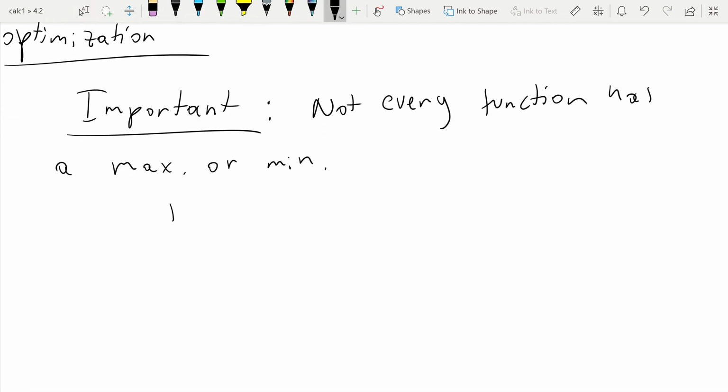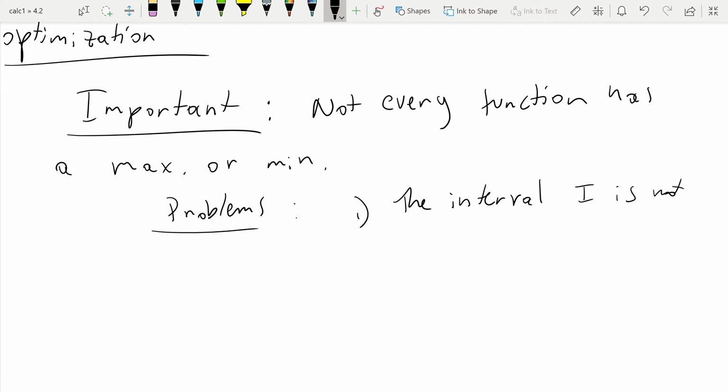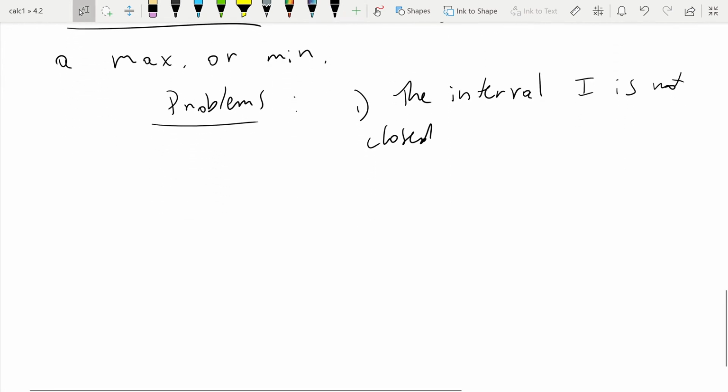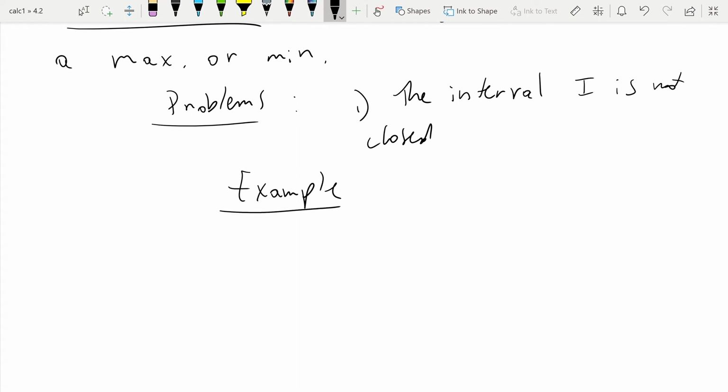What are the potential problems, you may ask? The interval I, if the interval I is not closed, for example, f of x is equal to 1 over x, and x is in the interval 0, 1.